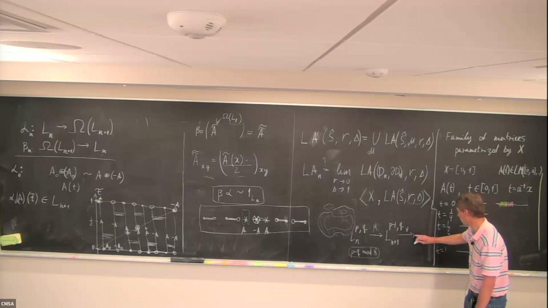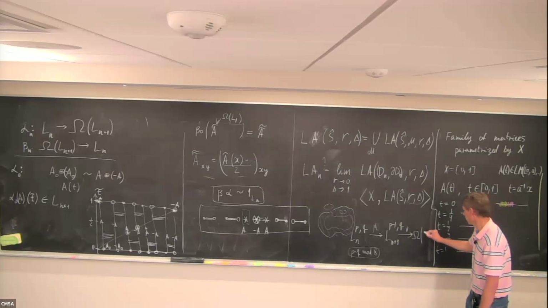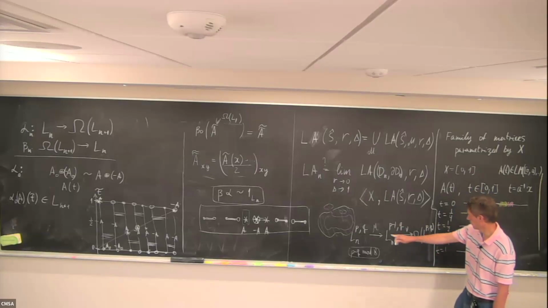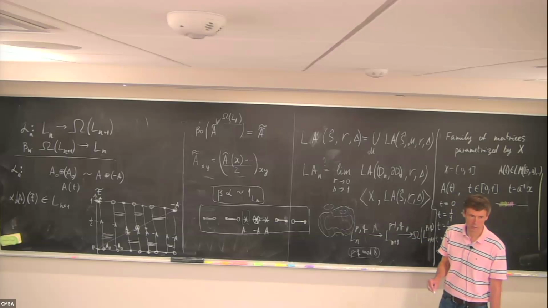It goes to omega of Ln plus 1. Here, the dimensionality doesn't change. The nature of local matrices doesn't change. And the composition of these two maps is equivalent to alpha up to homotopy.